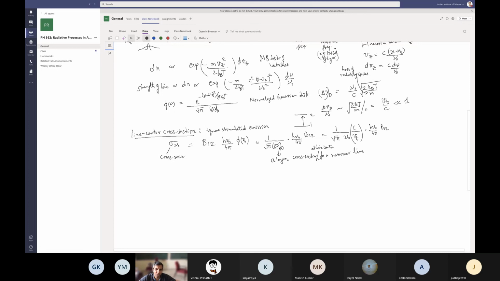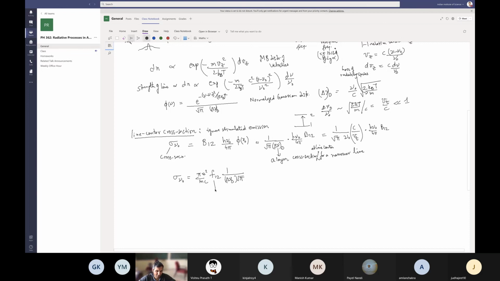Because if delta nu D is smaller, your sigma is bigger. So a sharper line has a higher cross section for absorption, and we can actually write this as sigma nu naught is equal to pi e squared by mc. This is like a standard form, f12 times 1 by delta nu D square root of pi.